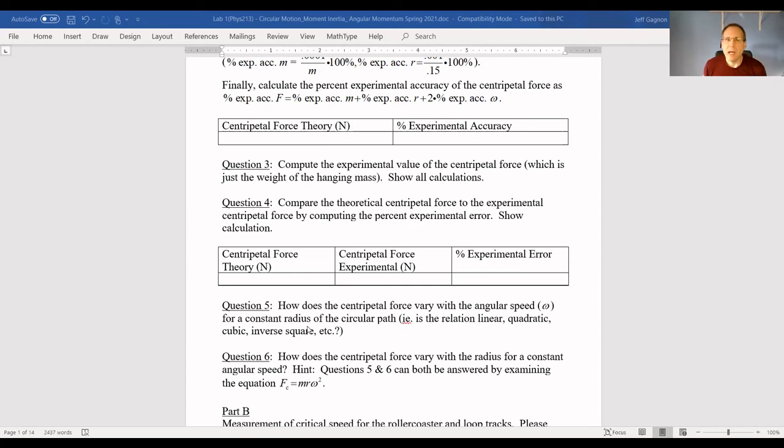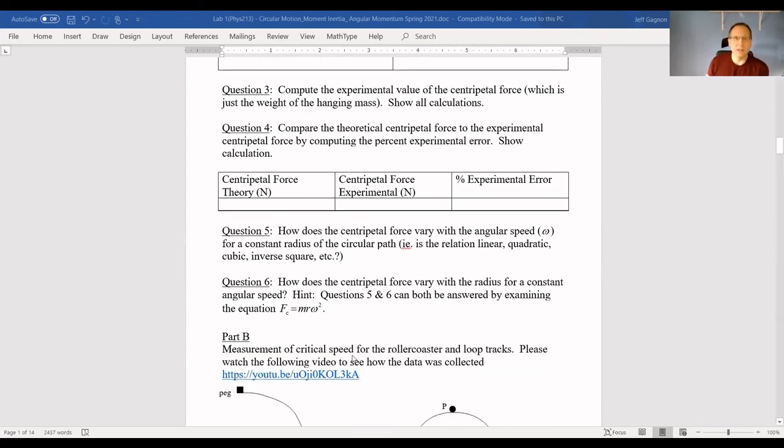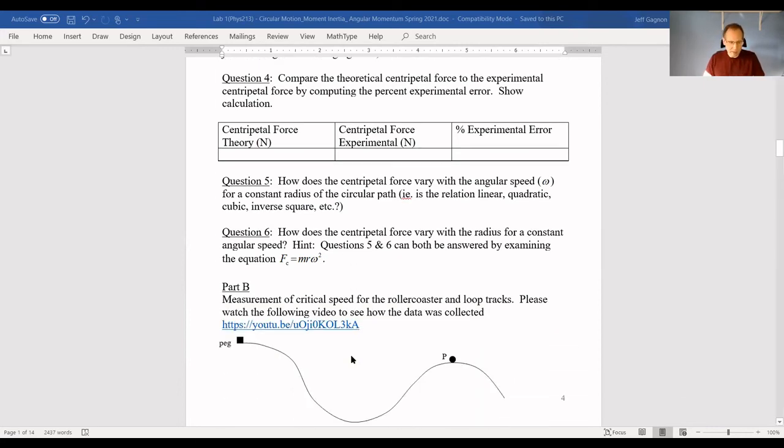Okay, question 5. How does the centripetal force vary with the angular speed for a constant radius of the circular path? I.e., is the relation linear, quadratic, cubic, inverse square, etc.? So if you look at this equation, actually here, let me do this part on the iPad.